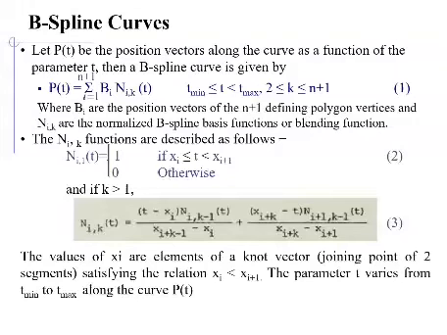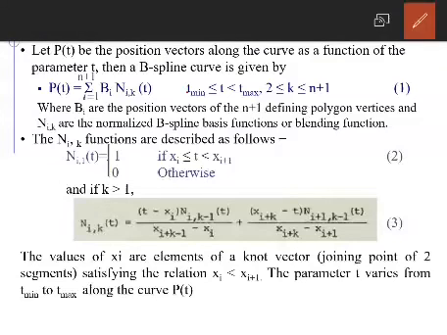Bi is the position vector of the n plus 1 defining polygon vertices, and Nik are the normalized B-spline basis functions, or we call them blending functions. So this t ranges from t min to t max, and what are t min and t max? That also we are going to see. These are the range of parameters. And k is, as already we have seen, greater than or equal to 2 and less than or equal to n plus 1.